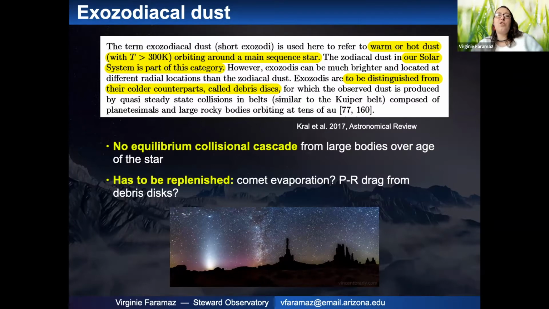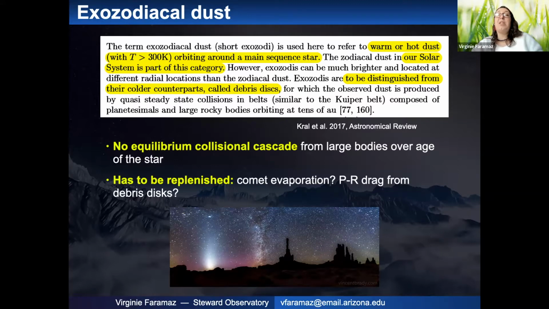I want to touch briefly on the distinction between warm and hot dust. The rule of thumb is that the closer the dust is to the star, the hotter it is, and the shorter the wavelength it can be observed at. So in general, hot dust is seen in the near infrared and warm dust in the mid-infrared, which is what we see with LBTI.